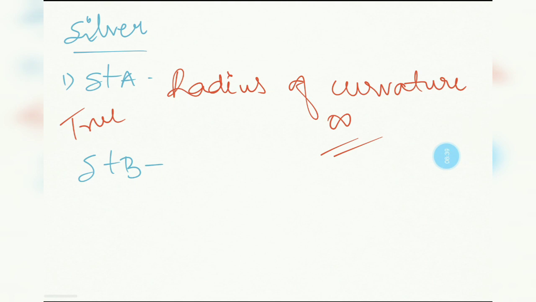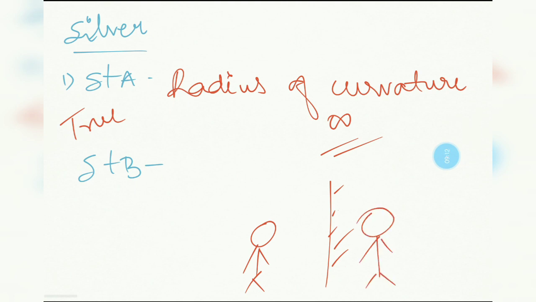Looking at statement B: the image formed by a plane mirror is erect and the same size as the object. We have seen the characteristics, right? I am taking one plane mirror here, and the object is there. Whatever image you see of yourself is erect.